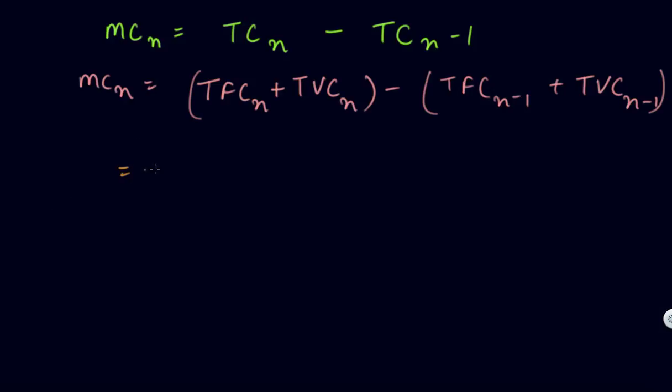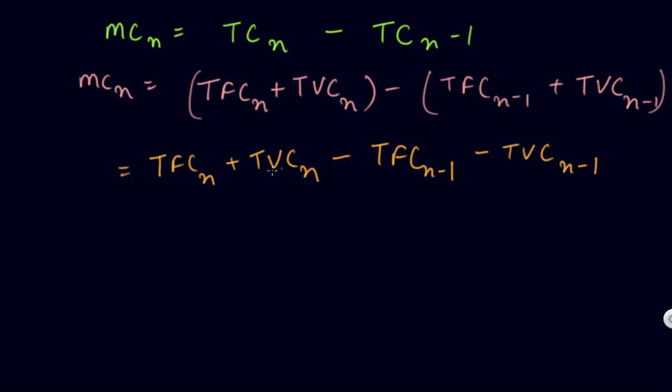And now we can open up this bracket: total fixed cost of n plus your total variable cost of n minus your total fixed cost of n minus 1, minus, as the bracket opens, your minus plus become minus, total variable cost of n minus 1.